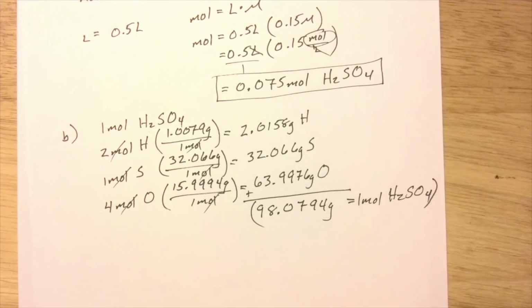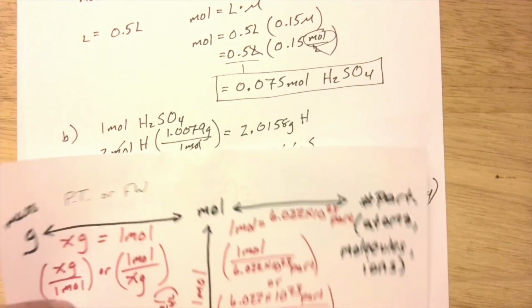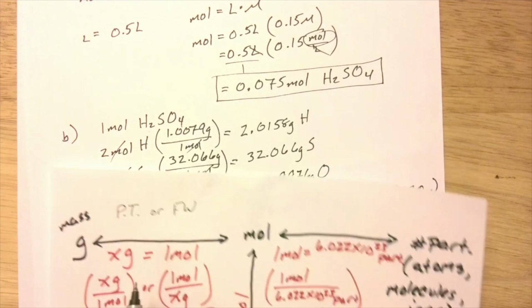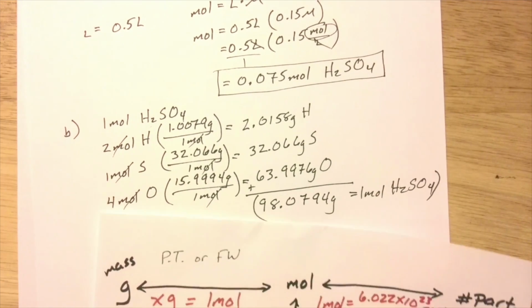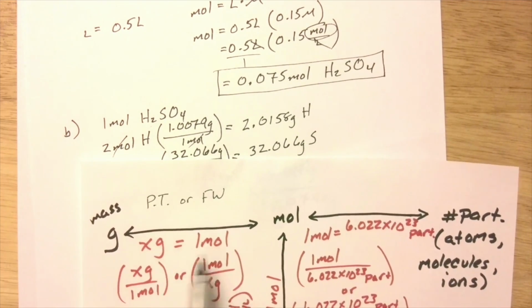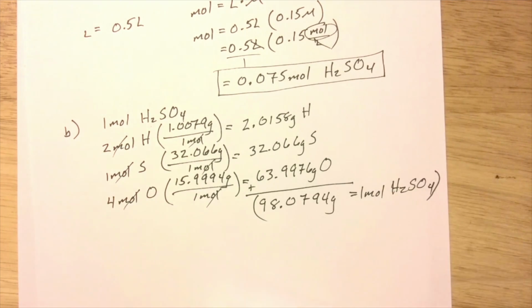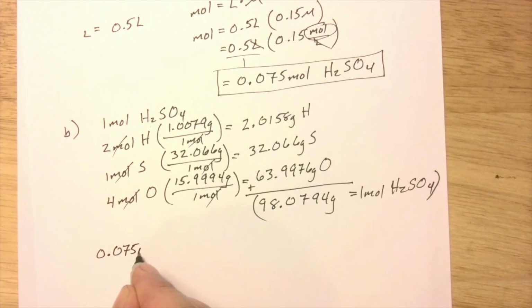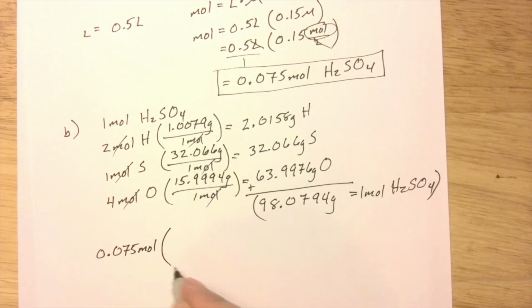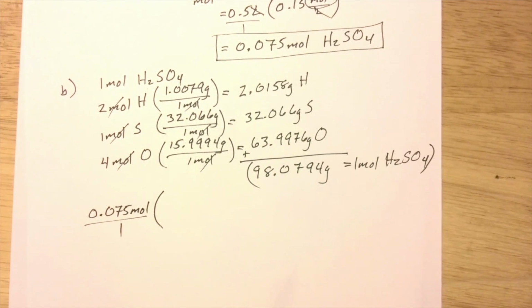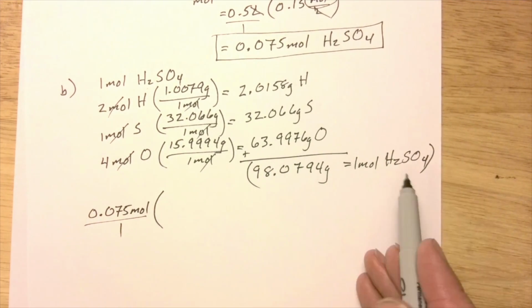So you have the 0.075 moles. Using this as your conversion, you're going to go from moles to grams. So you're going to take 0.075 moles, which is all over 1. In order for moles to cancel out, I need moles on the bottom.